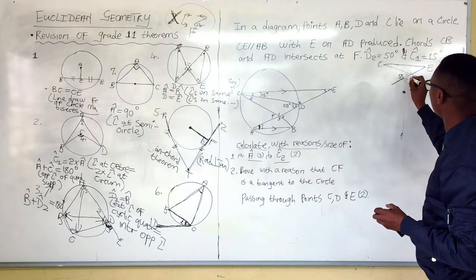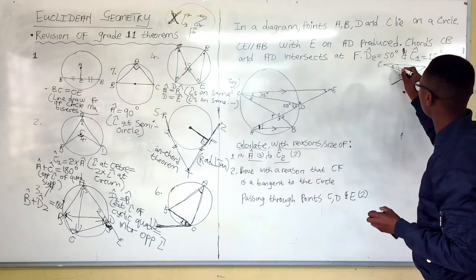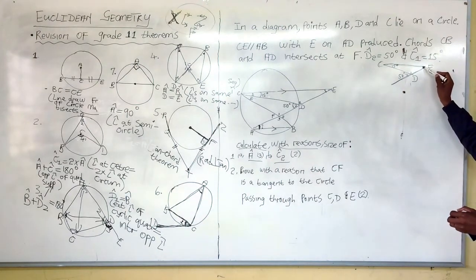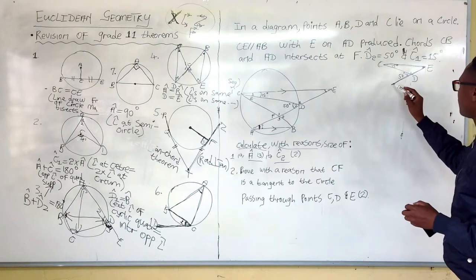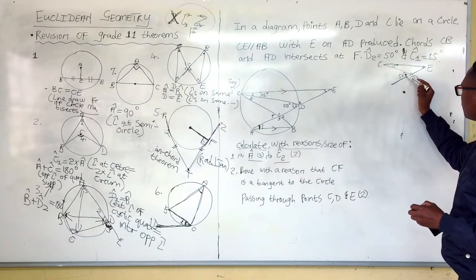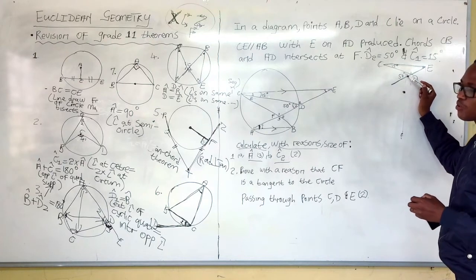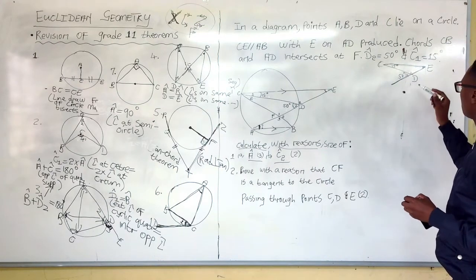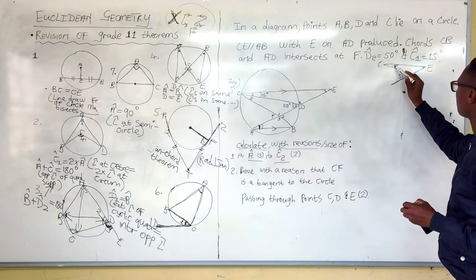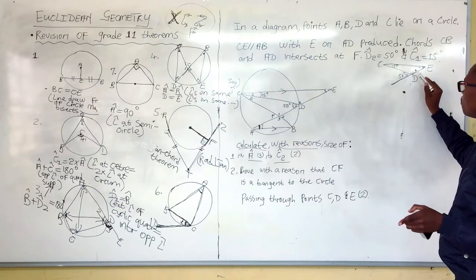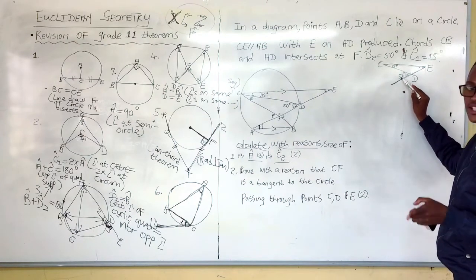And then here we have 50. So you want to find this angle, angle E. The other rule of a triangle says that the external angle, the outside angle of a triangle, is equal to the sum of the two interior opposite angles. So this angle is this angle plus this angle: 15 plus this angle, and they give you 50 degrees.